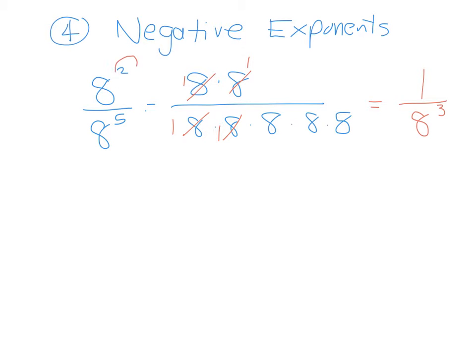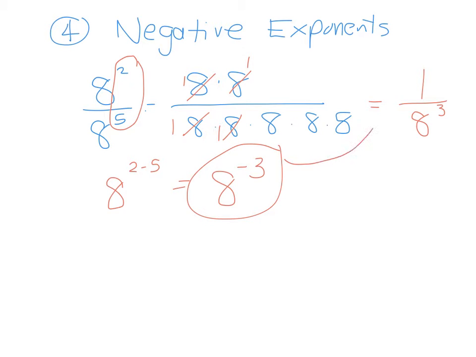So what's happening here is if I'm subtracting the exponents, I would get 8 to the 2 minus 5, which is 8 to the negative 3. Well, the other way to write 8 to the negative 3 is 1 over 8 to the 3rd.